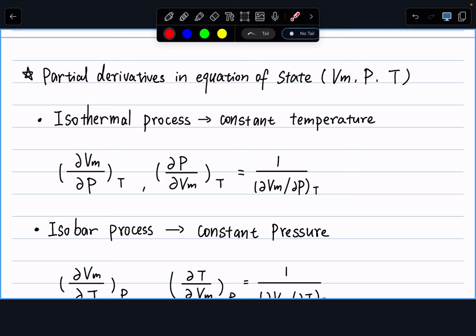Now, the question we're trying to answer here is how many experiments do we need to measure in order to decide the equation of state? We have these three terms interconnecting with each other. Technically speaking, we have a total of 6 partial derivatives.